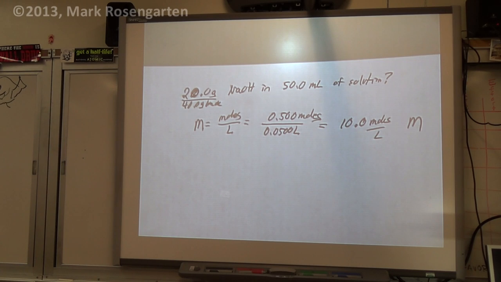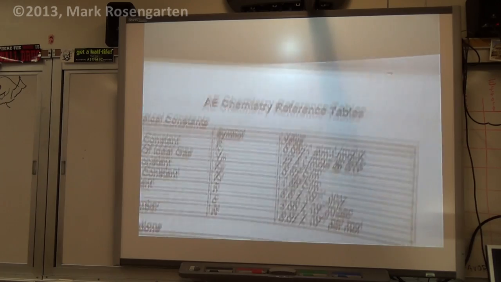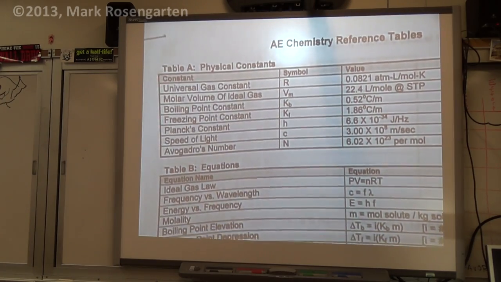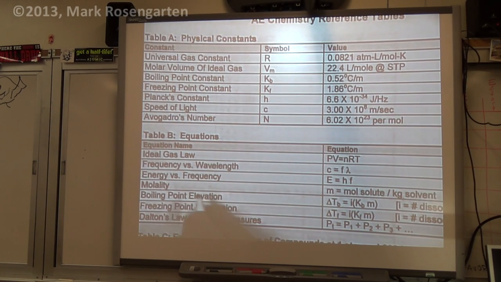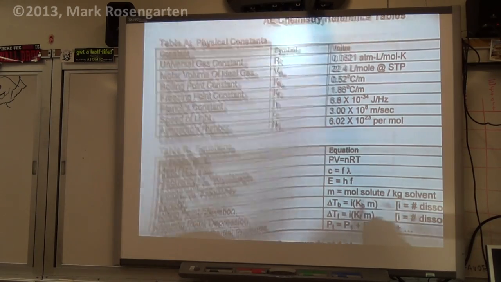Molar, moles per liter. Okay. Molality works exactly the same way, and if you want to find molality, you can find the equation on reference table B. This is not a Regents topic, this is just for this class only. Molality is exactly the same, except it's moles of solute, which you would get exactly the same way.